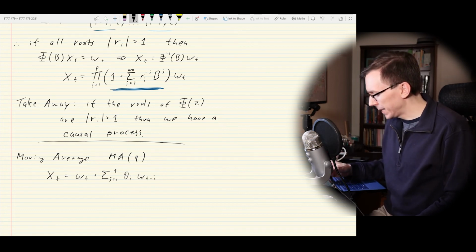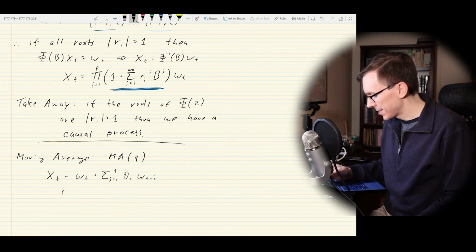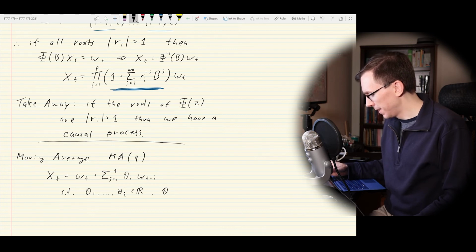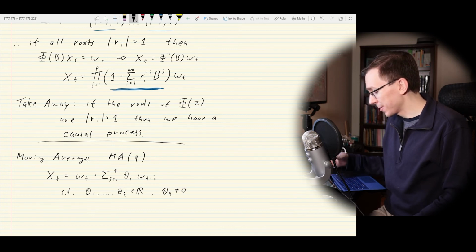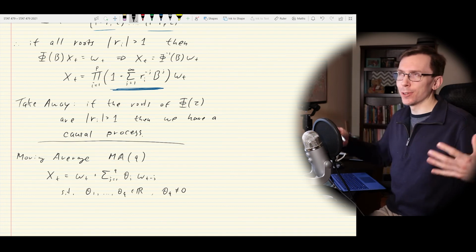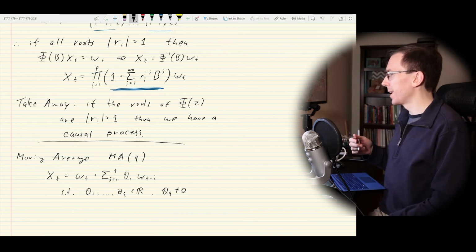We assume theta_1 through theta_q are real numbers, and we typically want theta_q to not be 0, so that it is a qth order moving average process.